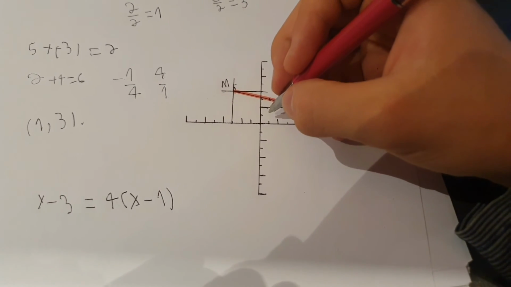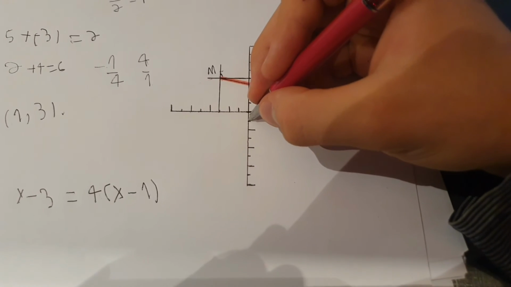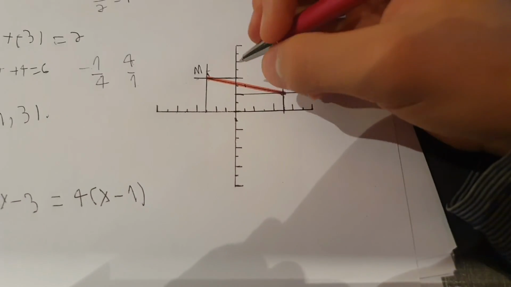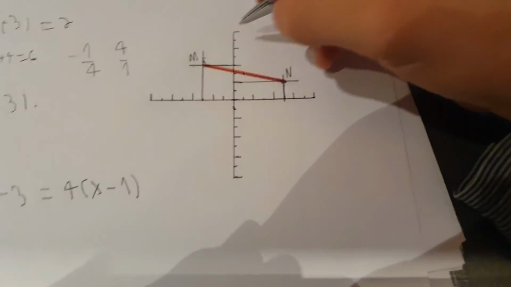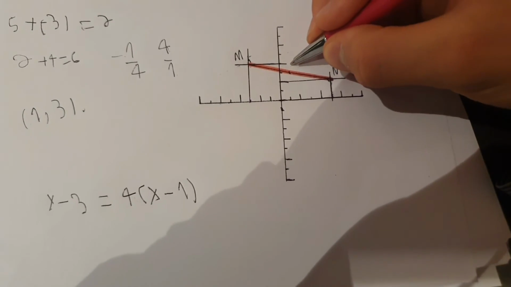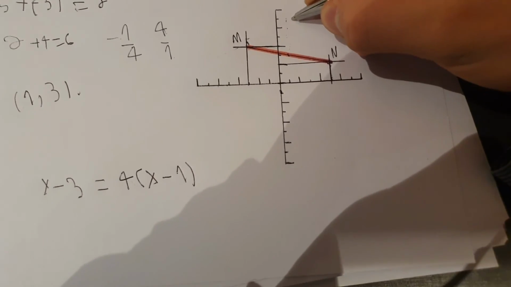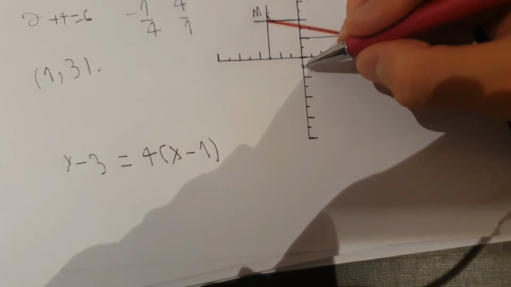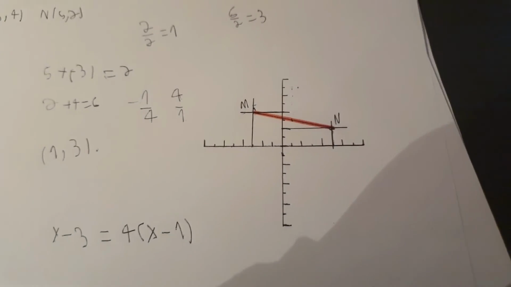So 1, 2, 3, 4, and 1. So it's going to cross here. Let's find out another one. 1, 2, oh wait, sorry. 1, 2, 3, 4, and 1 here. So this is a line here, and I'm just going to plot this in the graph.